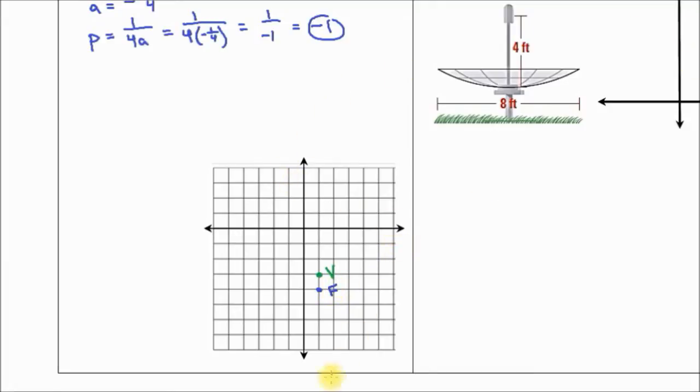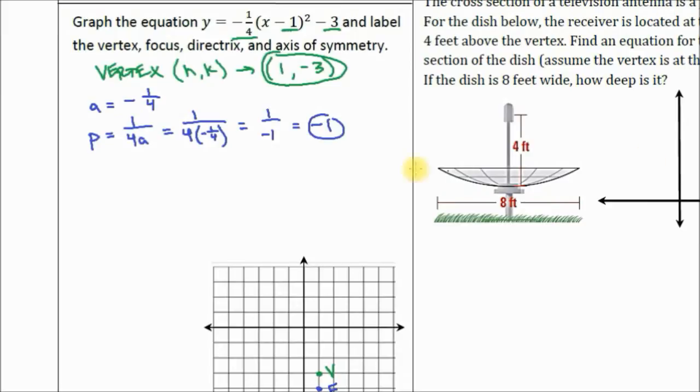So let's put a little note here. We're going to go down. So there is our focus. And let's put a little note here to remind us of this: the focus is 1 unit below the vertex.